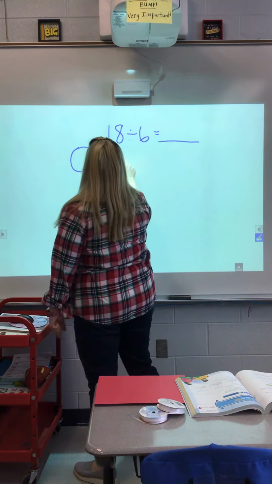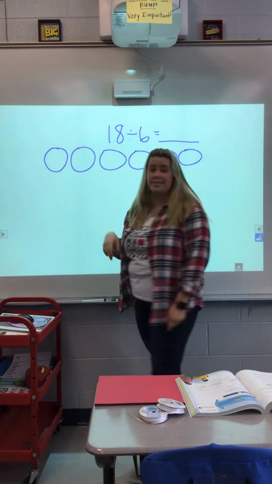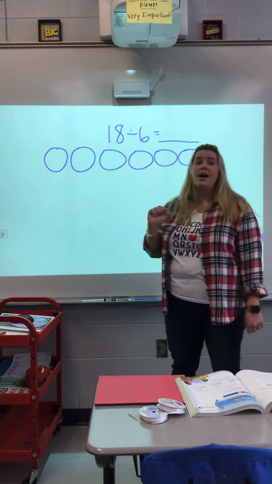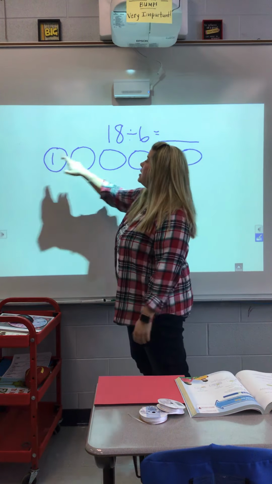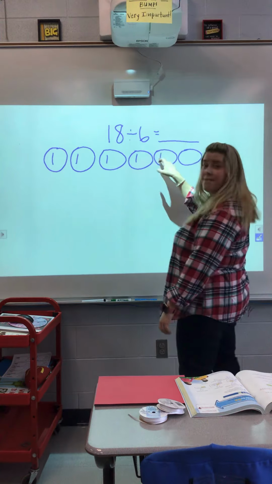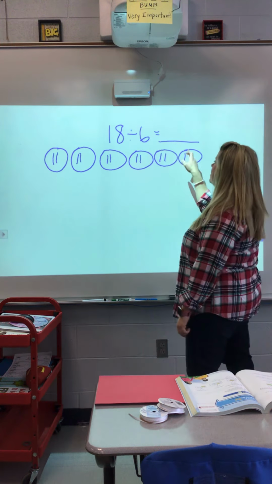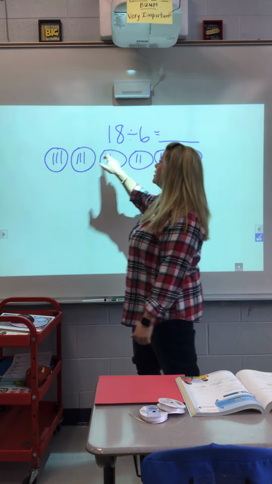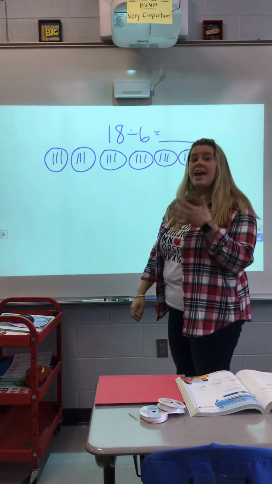So 1, 2, 3, 4, 5, 6. There's my 6 groups. I'm going to equal share until I get to 18. 1, 2, 3, 4, 5, 6, 7, 8, 9, 10, 11, 12, 13, 14, 15, 16, 17, 18. Okay, how many are in each group?